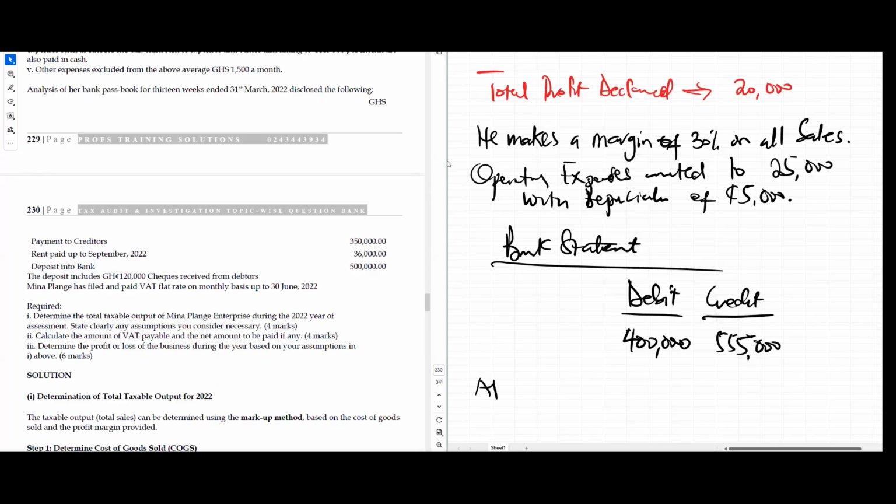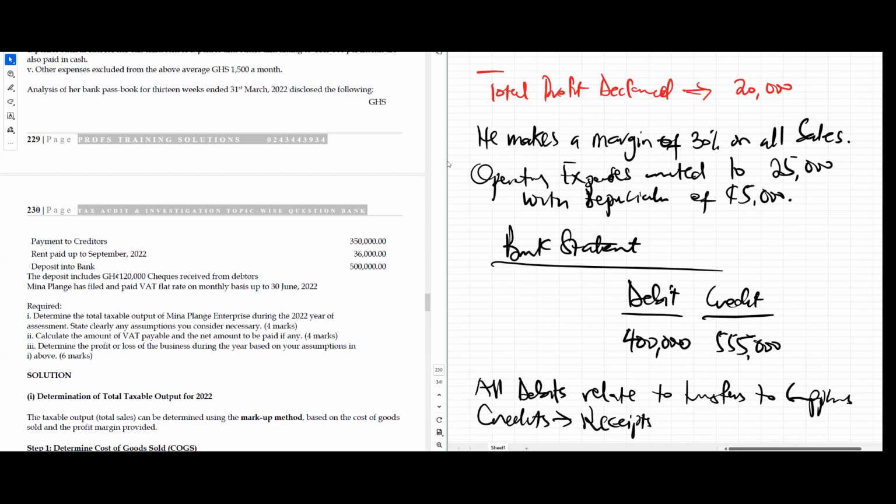Then they said all debits relate to transfers to suppliers, and all credits are receipts from customers.